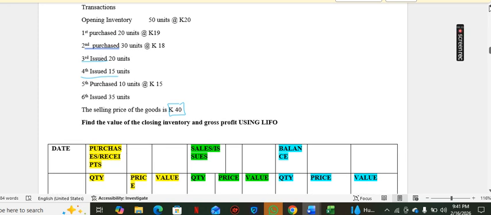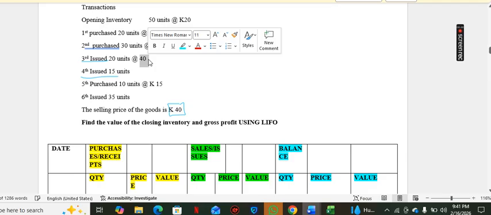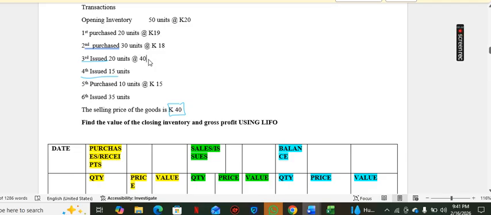Okay, colleagues? Value it at cost. If they put a price here, like let's say issued 20 units at 40, don't put this 40 here. You're going to value it at cost.